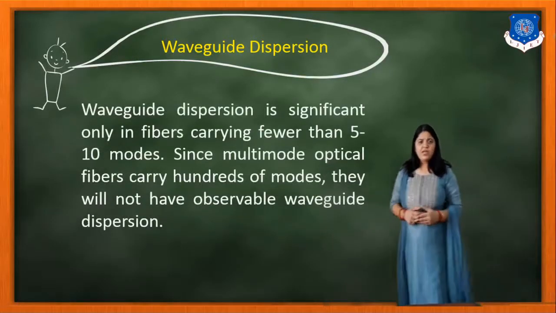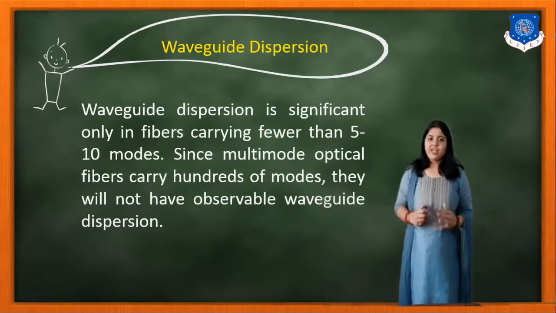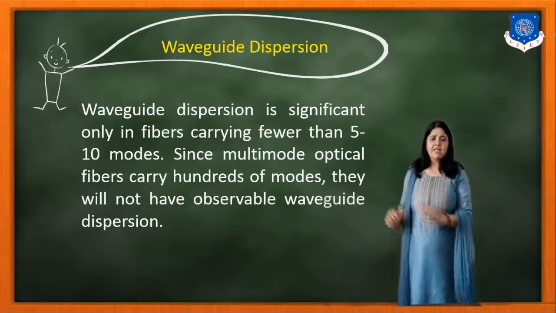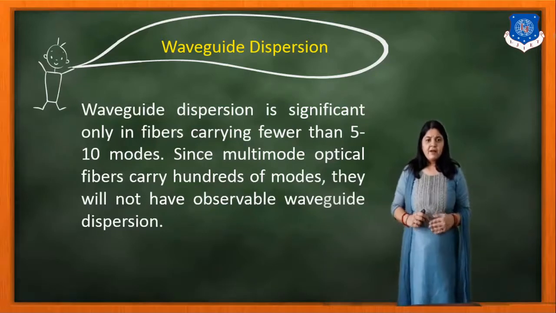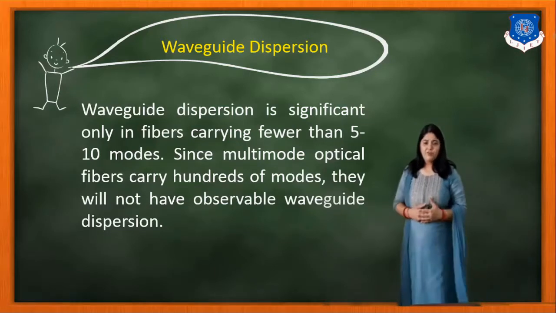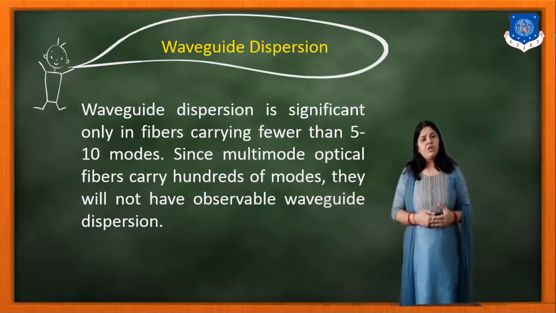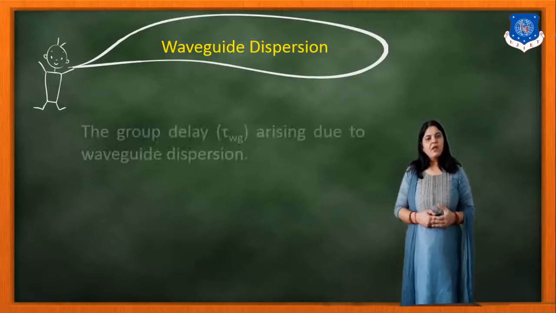This is significant only in fibers carrying fewer than 5 to 10 modes. But a multimode optical fiber that carries hundreds of modes will not show observable waveguide dispersion.